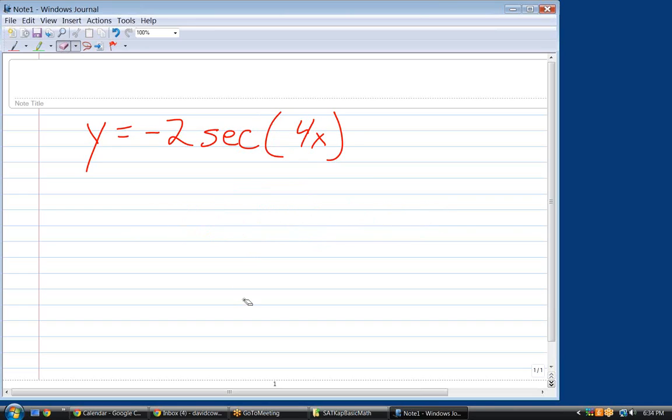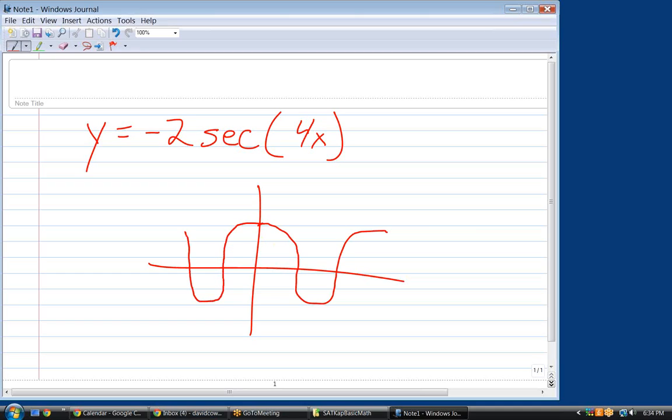Okay? You could look at it as a reflection over the y-axis, which is what it would be. But notice that if I take my cosine or my secant curve and reflect it over the y-axis, it doesn't do anything different.